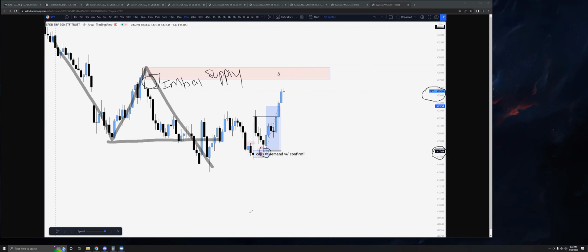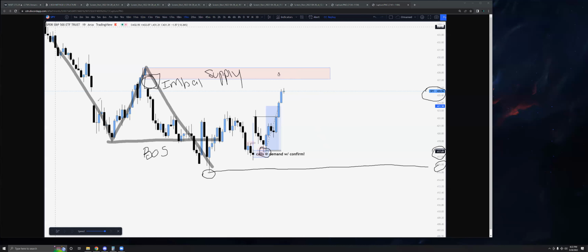You guys see it now? This broke structure right there. That broke structure and made a new low. We're going to target this low, 416. That's where we're going to target, because that is the last low.